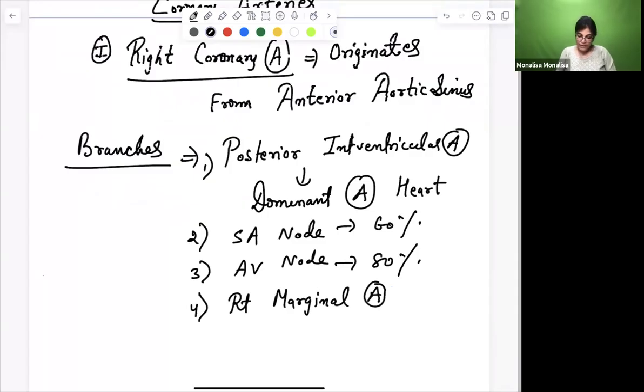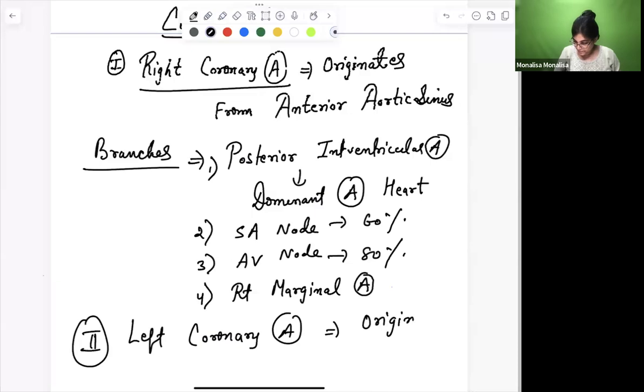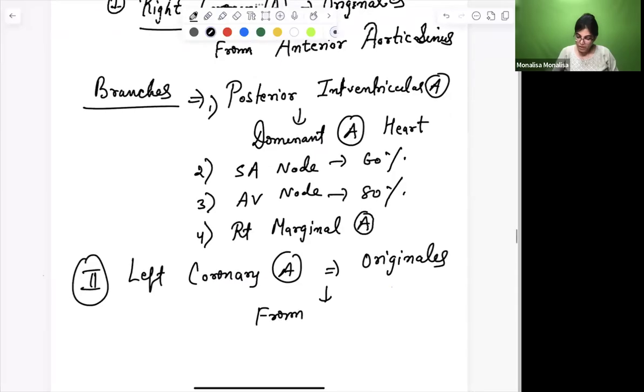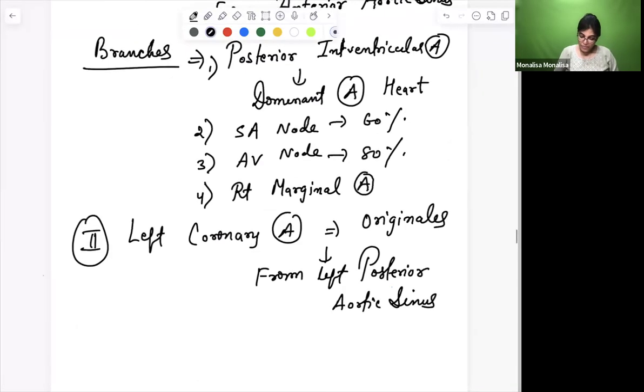What are the important branches of left coronary artery? The left coronary artery originates from the left posterior aortic sinus, and its important branches are the LAD artery.